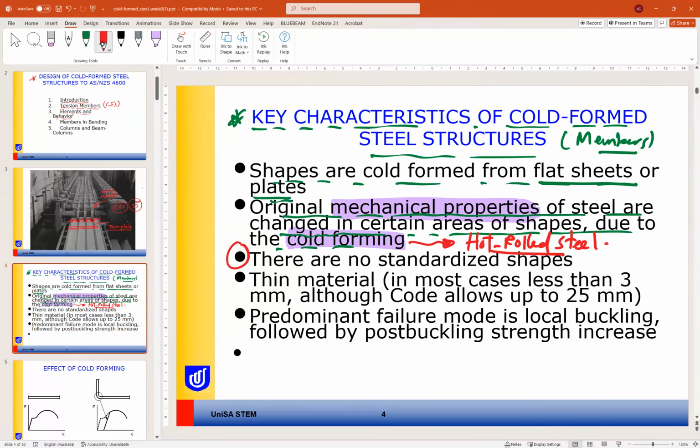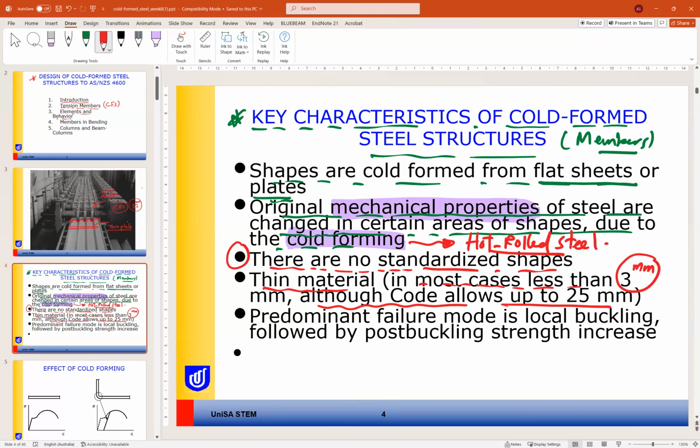Another advantage of cold formed steel is that there is no standardized shape, so you can form the cold formed steel into the shape you want. Thin material, in most cases less than or equal to around 3 millimeter. However, the standard allows up to 25 millimeter, but it is not available in the market.